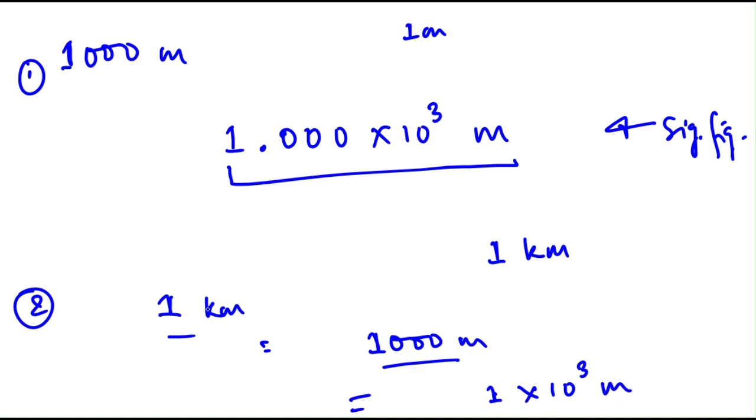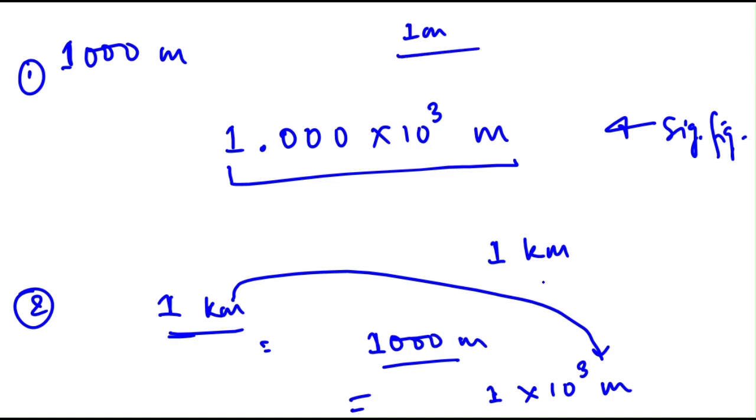We have just converted this kilometer into meter, keeping the number of significant figures unaltered. So here we have one significant figure, here also one, but there may be confusion that we don't know about the resolution of the instrument, then we can't say whether it is only one significant figure or whether we have four significant figures.